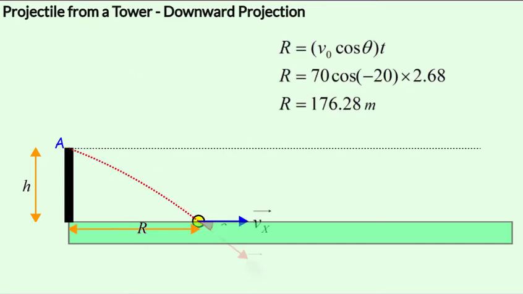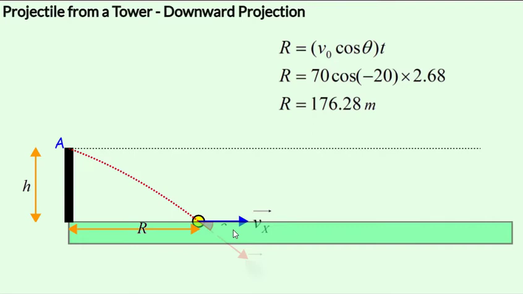To find the range, we use the concept that the horizontal velocity component of the projectile, or Vx, remains constant throughout its flight due to the absence of acceleration in the x direction. And you can see here that Vx does not change with time.